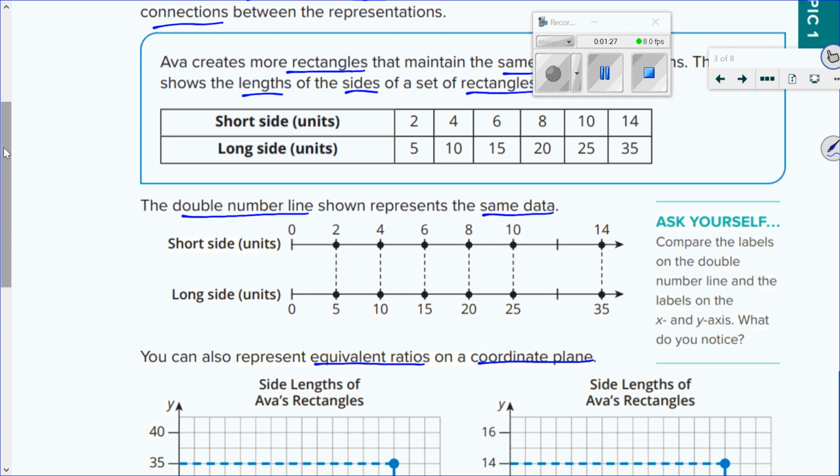Is that just one of them, or is that both of them? I'd say it can be applied to both, but it's more noticeable because of the lines in the double number lines. Good. So the lines of the double number line directly connect them, right? Or the table just next to each other. Anything else you noticed in the double number line versus the table?